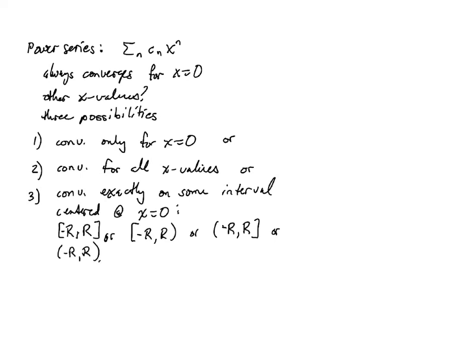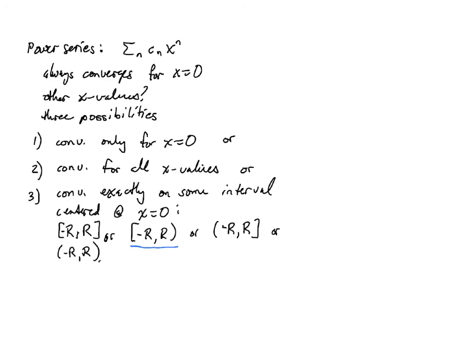So this is what we mean by an interval centered at x equals 0, right? As you saw in the previous example, we had an interval from negative 1 to 1 that included the left-hand endpoint but didn't include the right-hand endpoint, so it was just like this one. And there are lots of examples to show that other possibilities can occur.